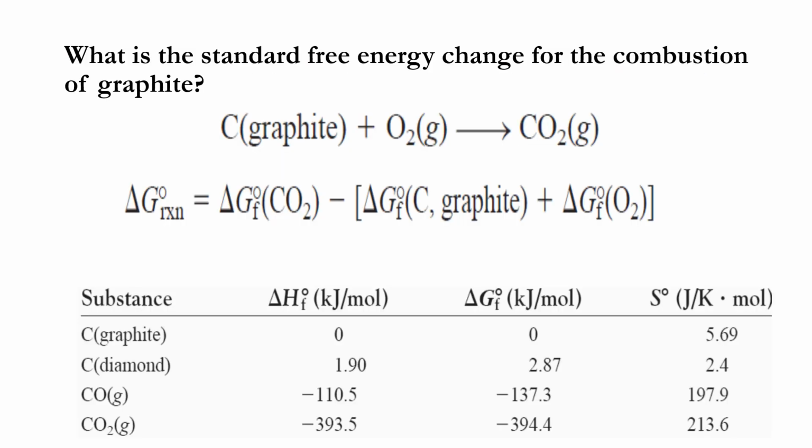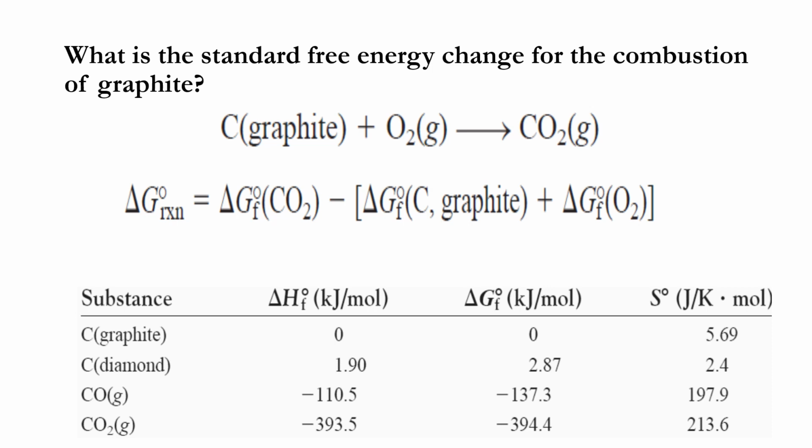Let's have this example. What is the standard free energy change for the combustion of graphite? Graphite is carbon. When that is made to react with oxygen gas, carbon dioxide forms. We have 1 mole of carbon reacting with 1 mole of oxygen gas to produce 1 mole of carbon dioxide gas.